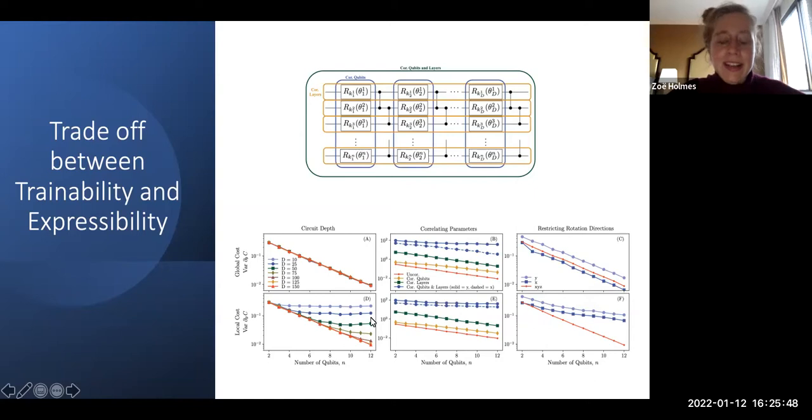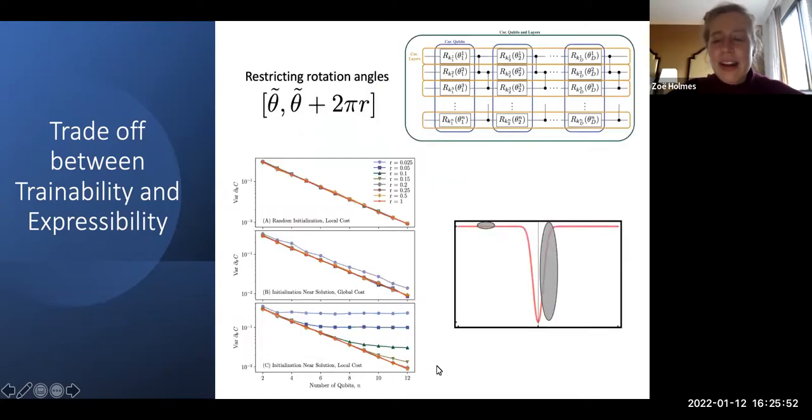By doing things like reducing the number of layers, correlating parameters, or even more explicitly, reducing rotation angles, you're going to be just exploring a small region. And the thing is, say you explore a small region and you're in completely the wrong region, you're just going to get stuck.